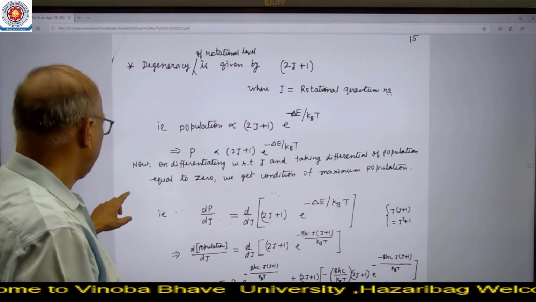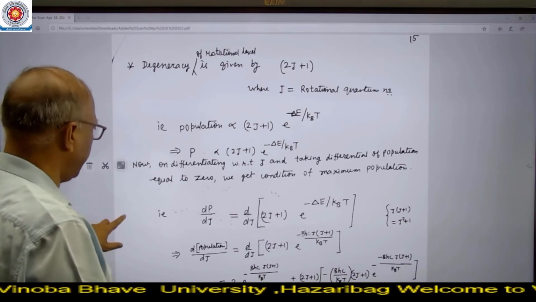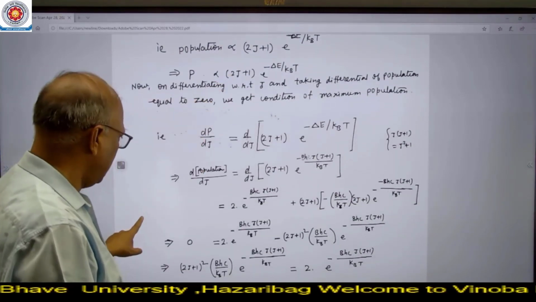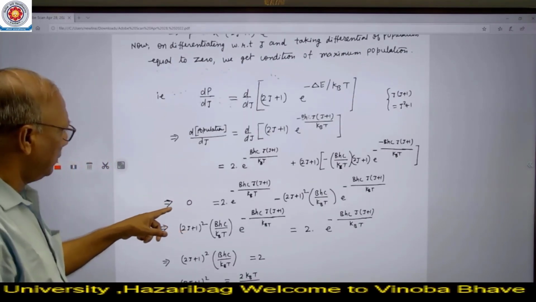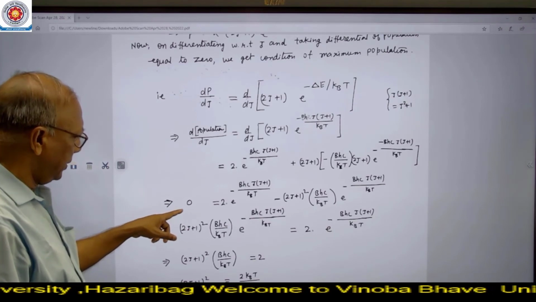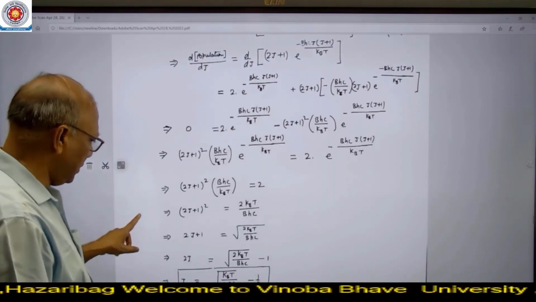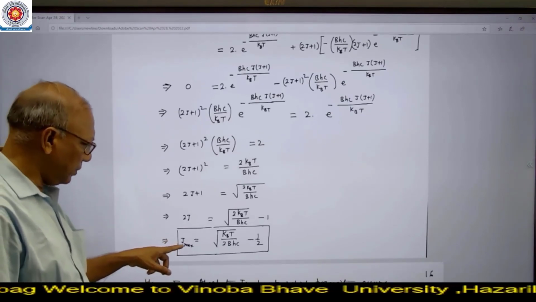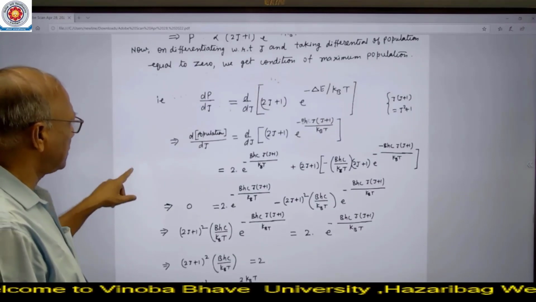If we differentiate this P with respect to J and equate the first derivative to 0, then we get the condition for maximum intensity. Here we have done the same thing.